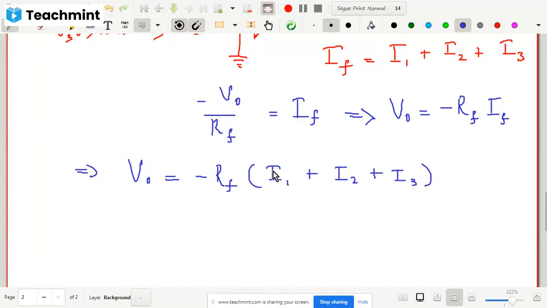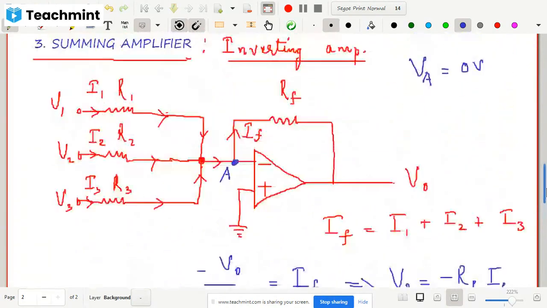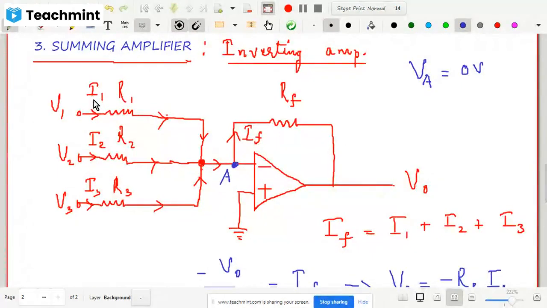Now I'm trying to write I1 in terms of voltage, since you know that current is equal to voltage by resistance. I1 is nothing but V1 by R1, and I2 is V2 by R2. Similarly, I3 is V3 by R3.